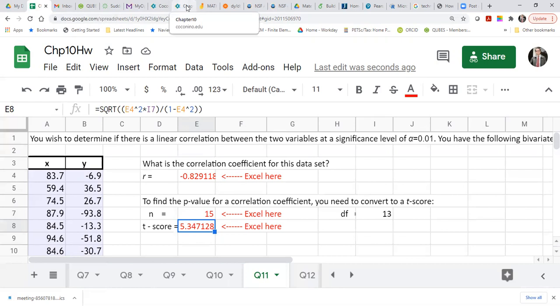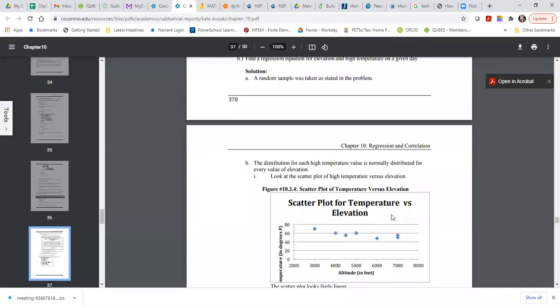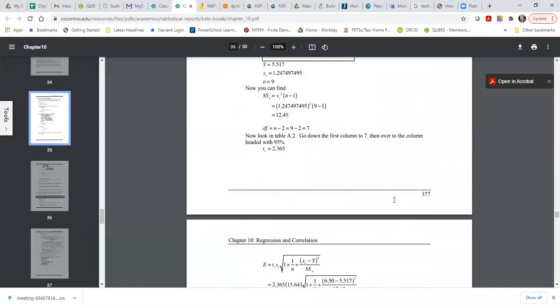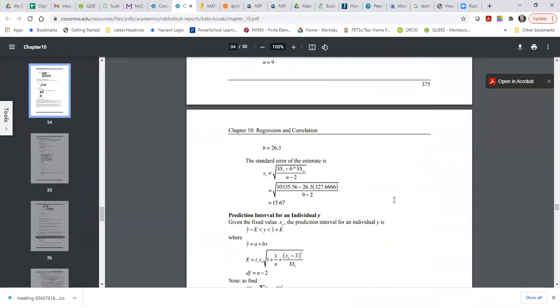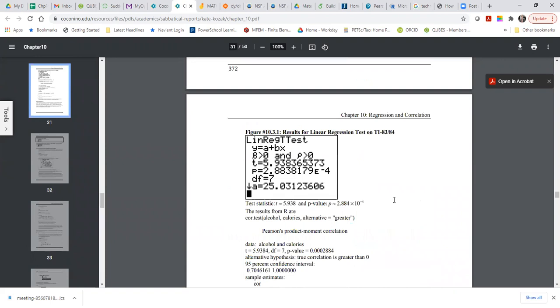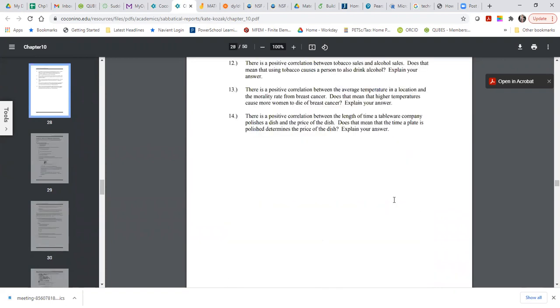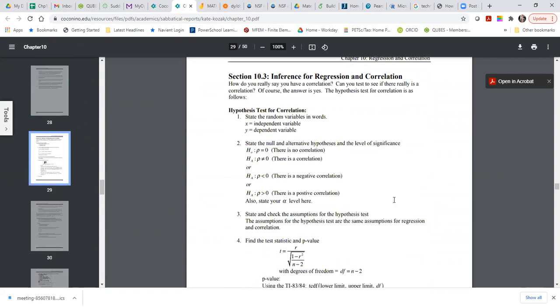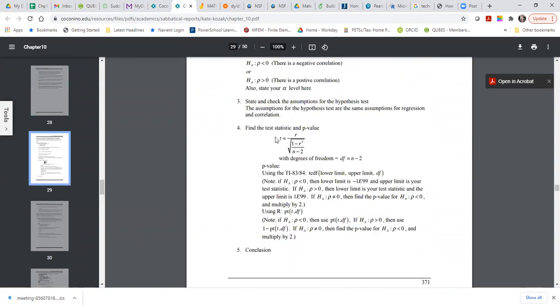The test statistic is using this formula: you have R divided by the square root of 1 minus R squared divided by n minus 2, right?